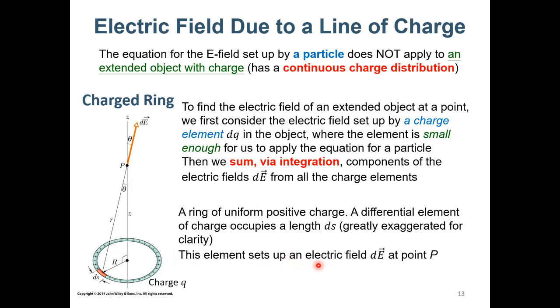This element sets up an E field dE here, so that we calculate the E field generated by this element and this element and this element, and we add all of them together, so that this is the total E field generated by this charged ring.